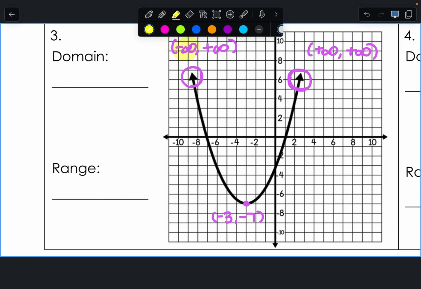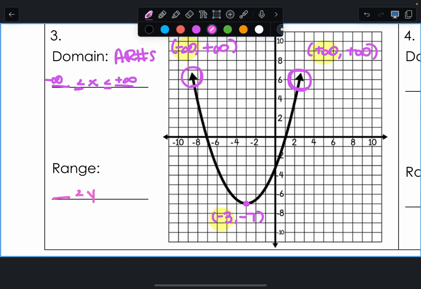So for the domain, negative infinity. What's the smallest? Negative infinity. Positive infinity to positive infinity. So this one is all real numbers. All real numbers. Good.